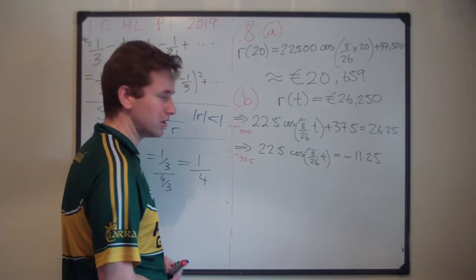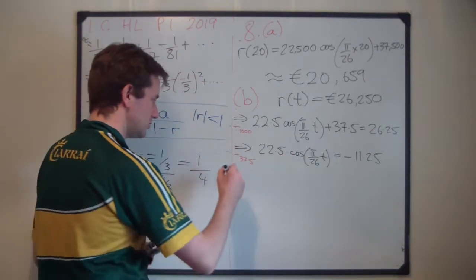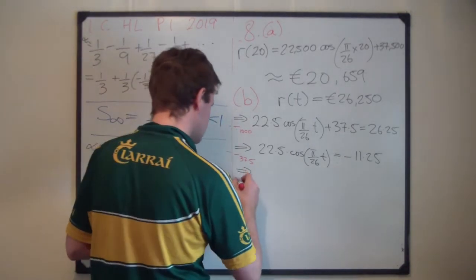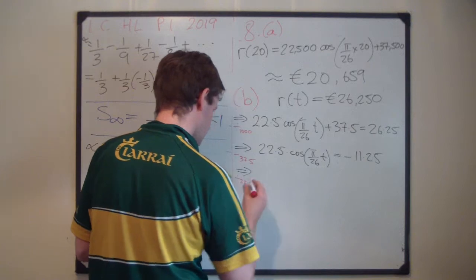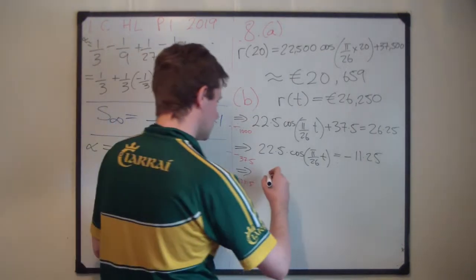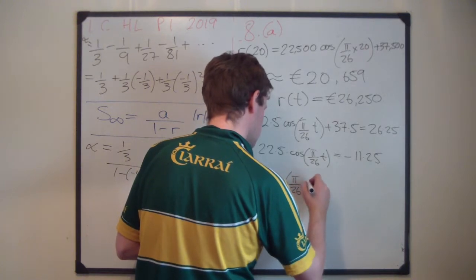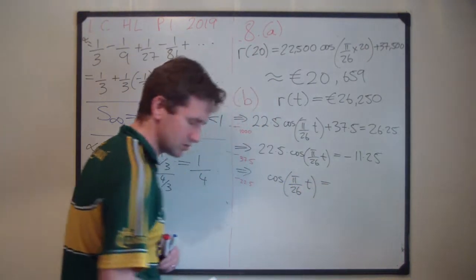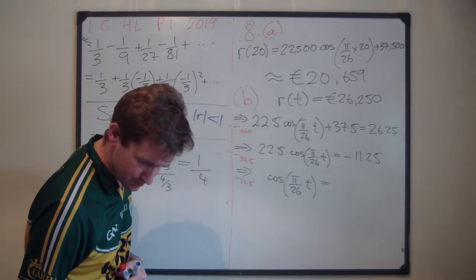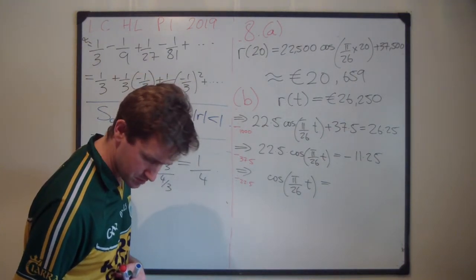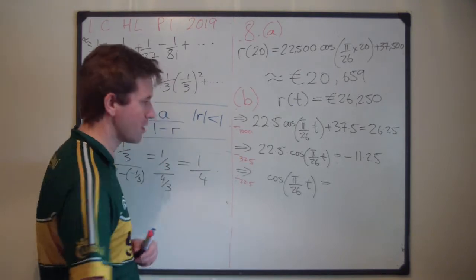Peel an equation like an onion, get rid of the multiplied by 22.5 by doing the inverse of multiplying by 22.5, which is dividing by 22.5. And so I get cos of pi over 26t equal to minus a half.